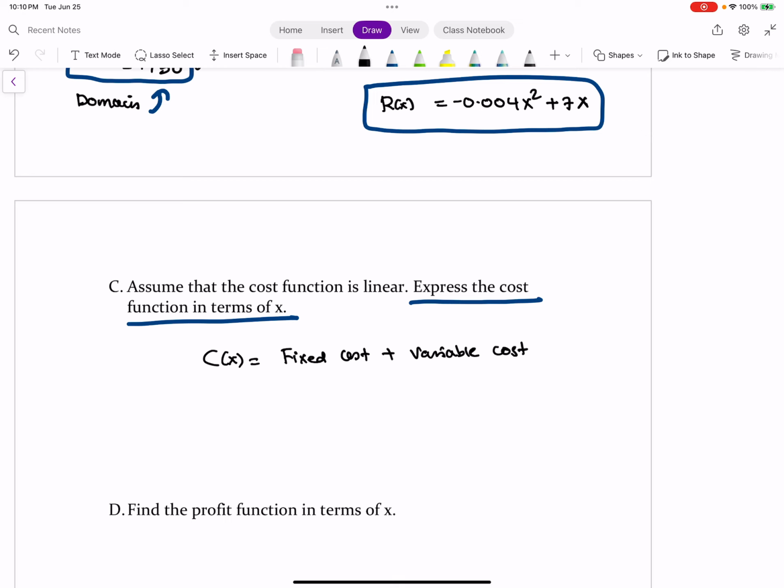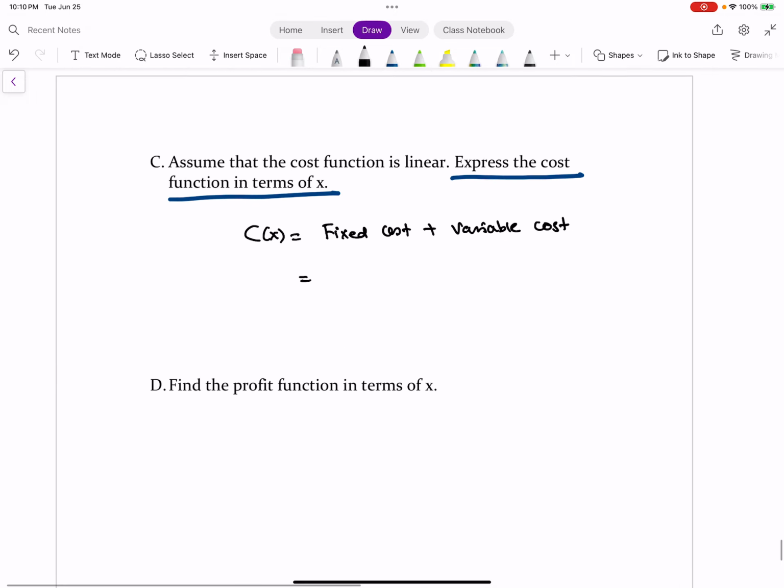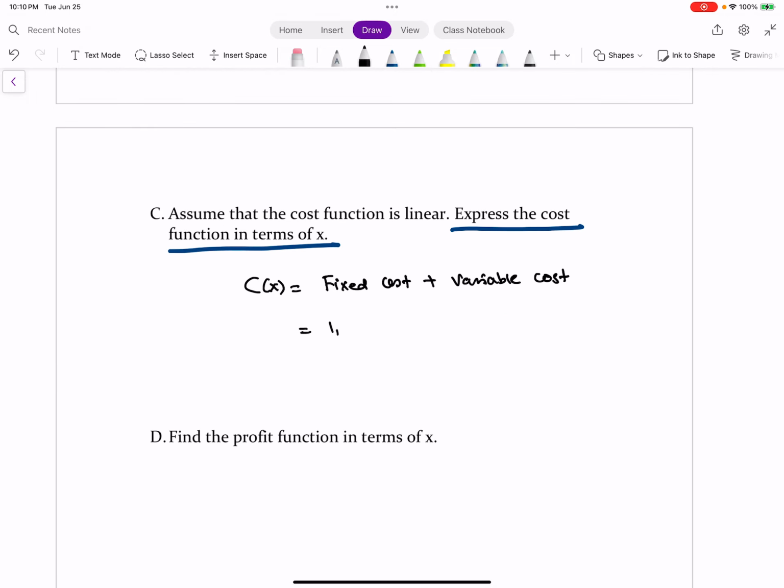So in our case, the fixed cost is given, which according to the problem is 1075.20, and the variable cost was 2.04 per hamburger. Right? Per hamburger is 2.04x. That is the cost function.